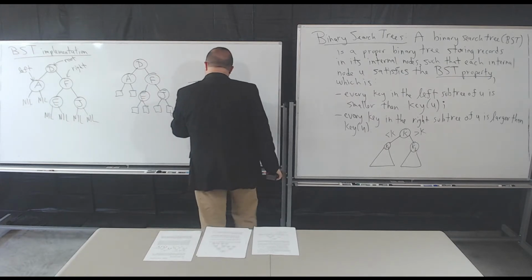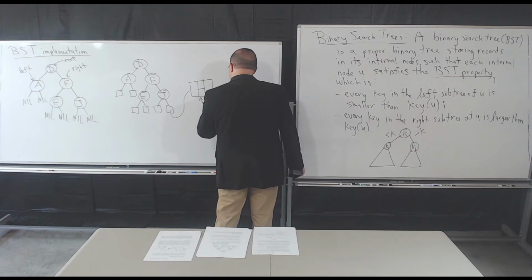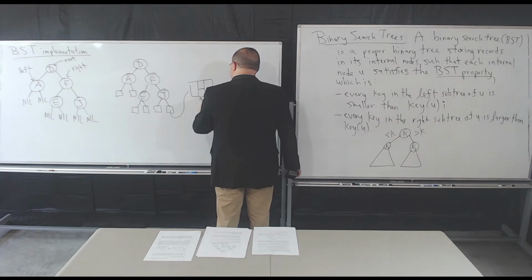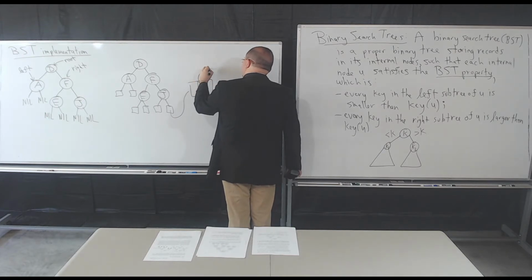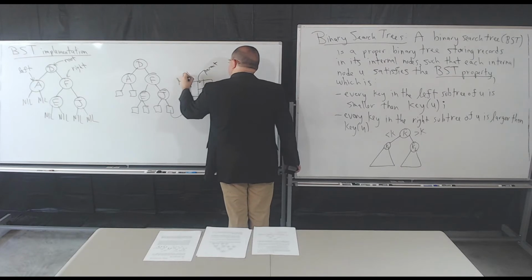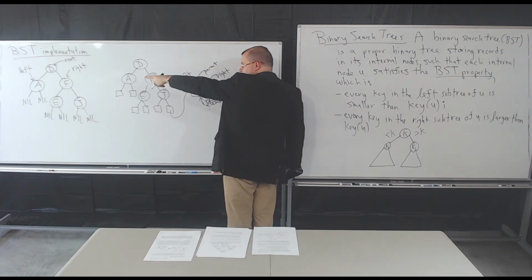So this will have the element, or your data, or your value, whatever that might be. So the record would be right here. Then you would have a parent reference. Then you would have a left and a right. So this would be typical of what you would expect in that implementation.